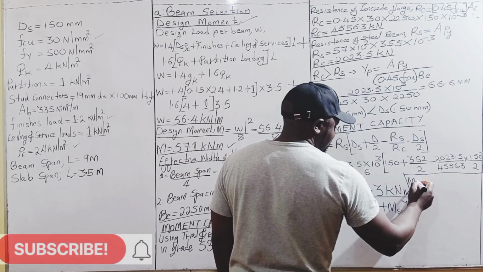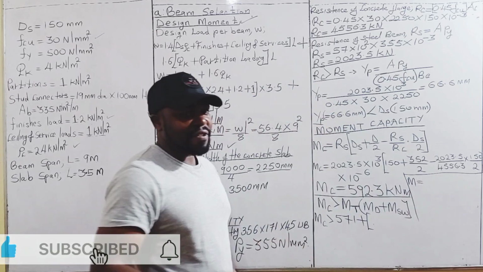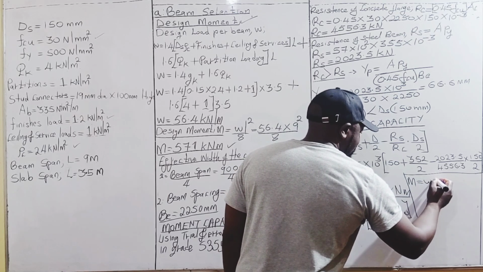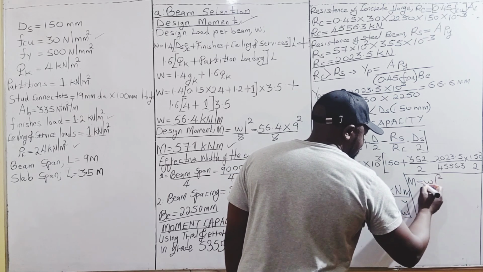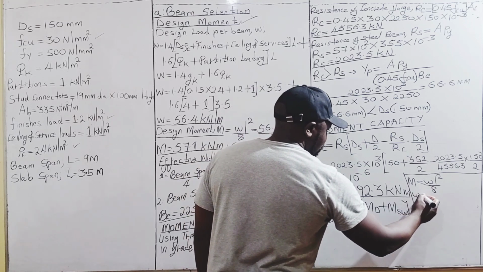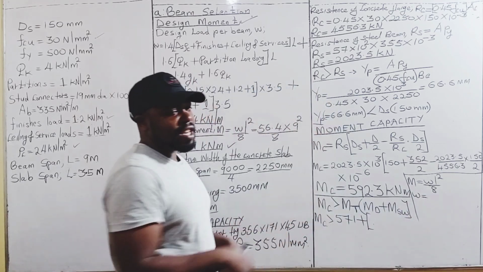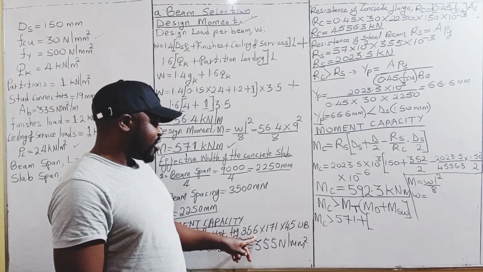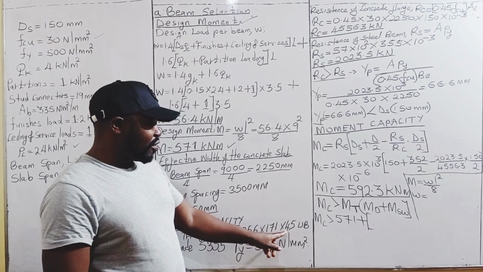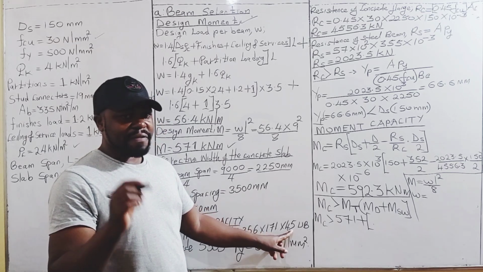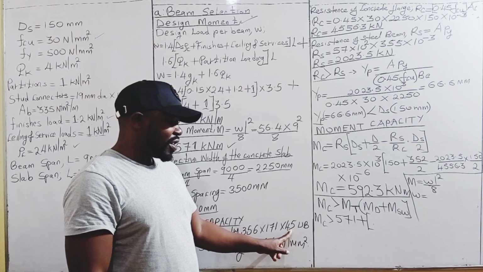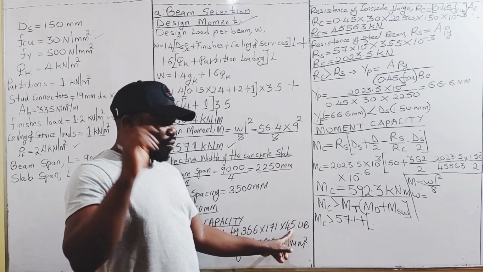Moment of a beam carrying a uniformly distributed load is usually given by load UDL multiplied by the span squared divided by 8. This W is the weight due to self weight of the beam section that we have selected. And our beam section has a mass of 45 kgs per meter. So we need to convert this 45 kgs into weight.